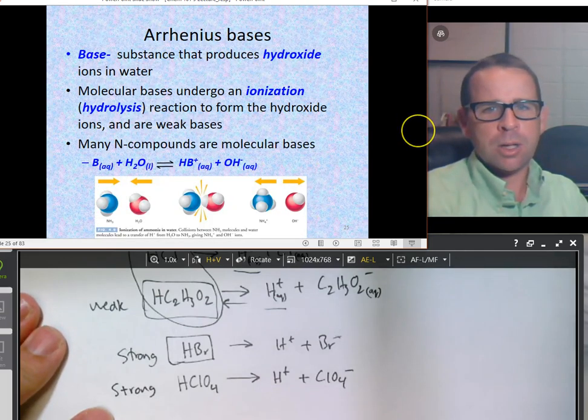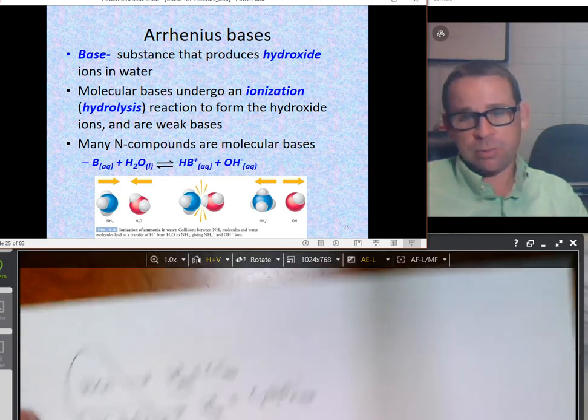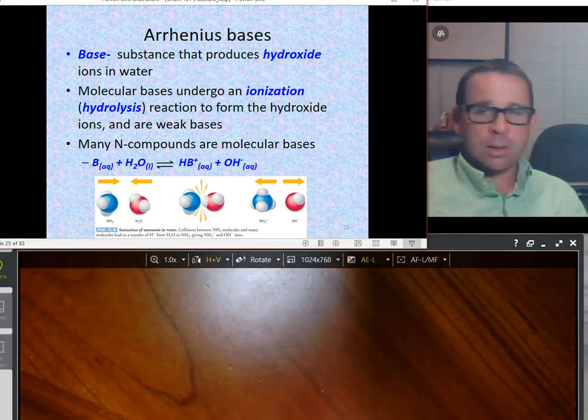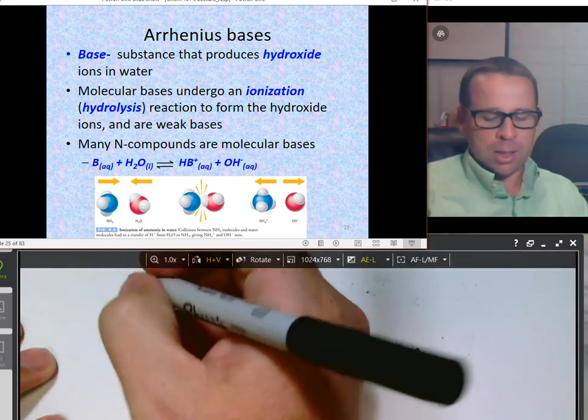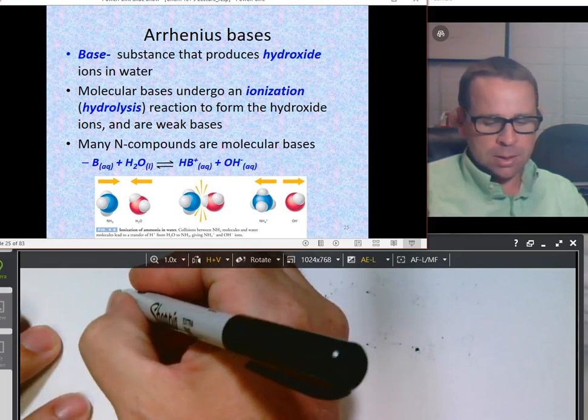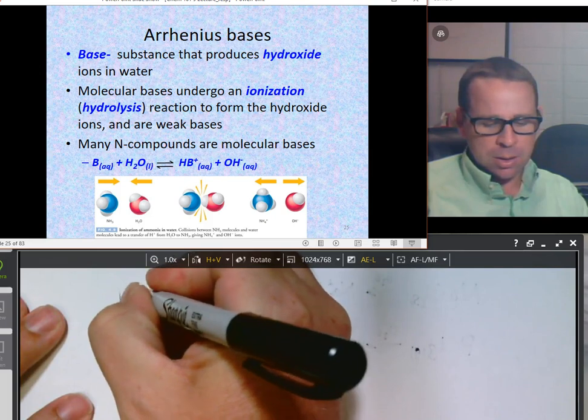Let's see, we're not going to talk about non-metal hydroxides, but we will talk about bases now. So you've heard of acids, and you probably also have heard of bases. And a base is the opposite of an acid, all right? Or in other words, a generic acid looks something like this.